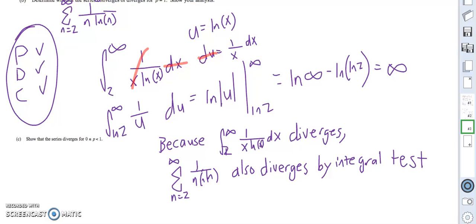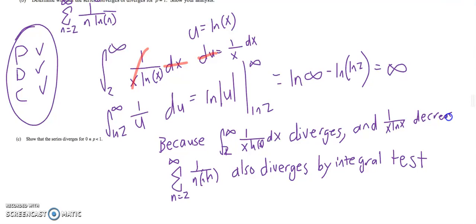So maybe I'll say, because this integral diverges and 1 over x ln of x decreases the whole time, and it never goes back, so it decreases monotonically, because the integral diverges and that function decreases monotonically to 0, then that summation diverges.